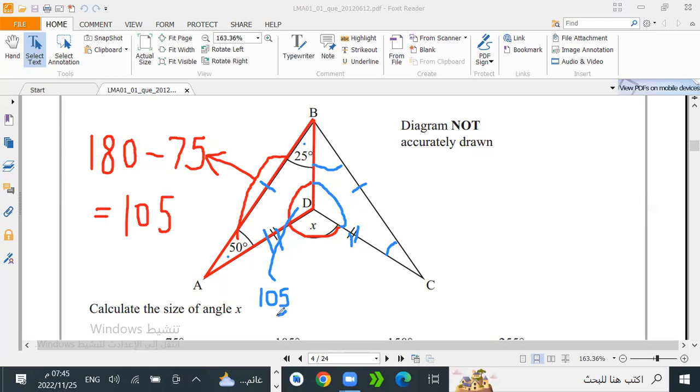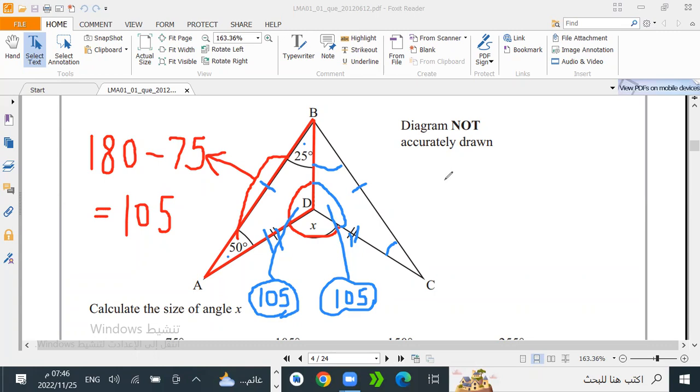So this is 105, because we have similar triangles. 105 plus 105, and we subtract it from 360.